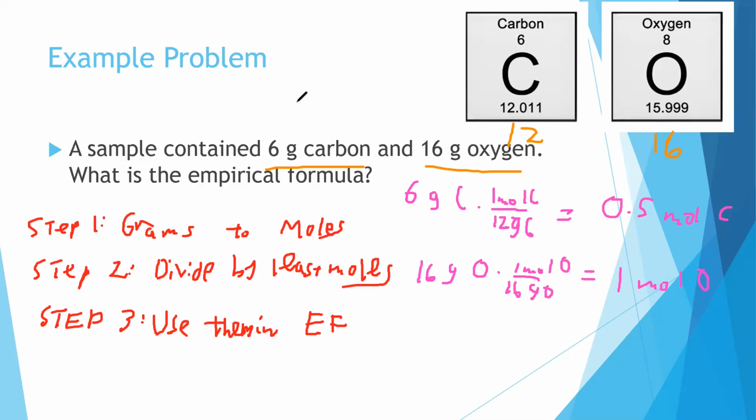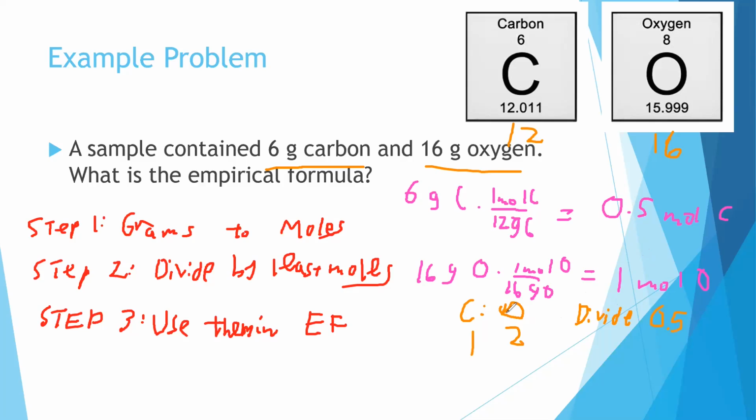So in step 2, we choose the least number of moles. So we divide by 0.5. So carbon to oxygen, we have 1 to 2. 0.5 divided by 0.5 is 1 for carbon, and oxygen 1 divided by 0.5 is 2.